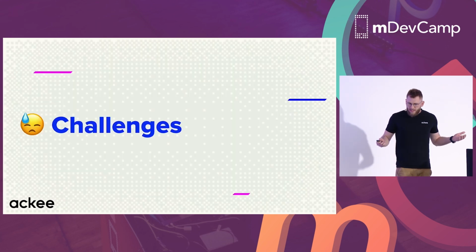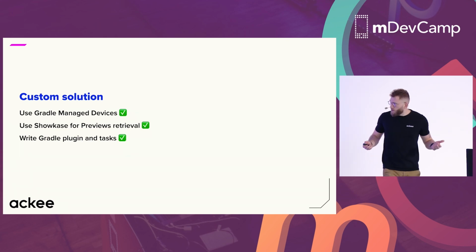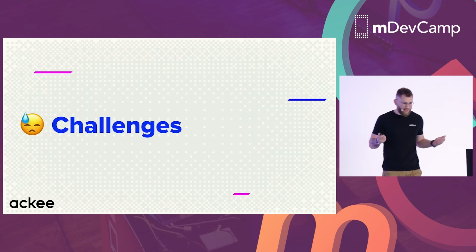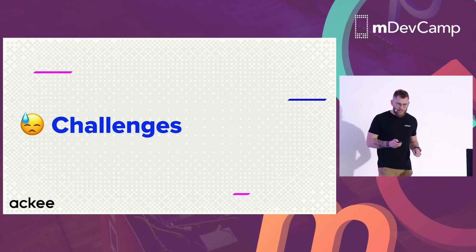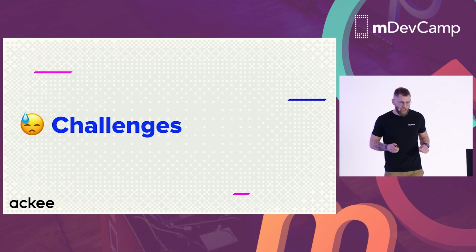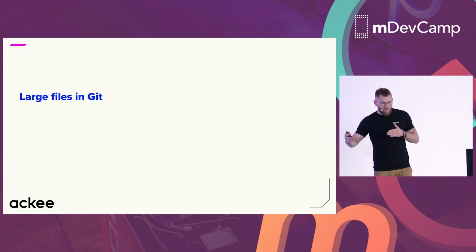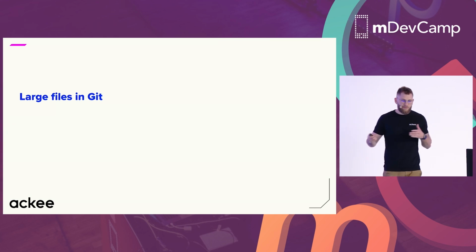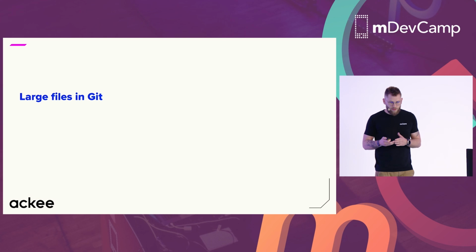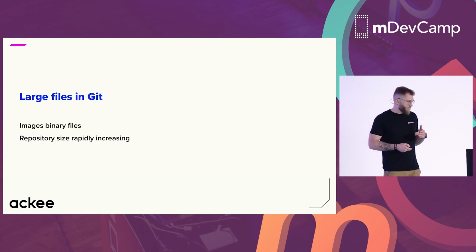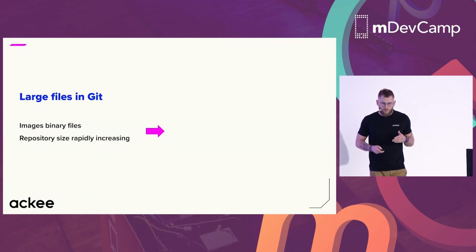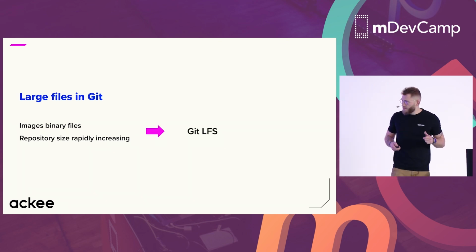And that's it, but you know, because not everything is usually so green, we had to face some challenges along the way. The first one was that since you start to save binary files, being images, in your Git repository, the Git repository will quickly grow, and the good solution for this is to use Git LFS, large file storage.